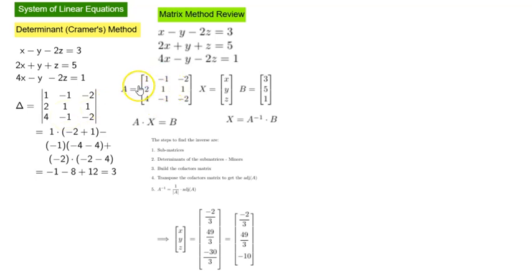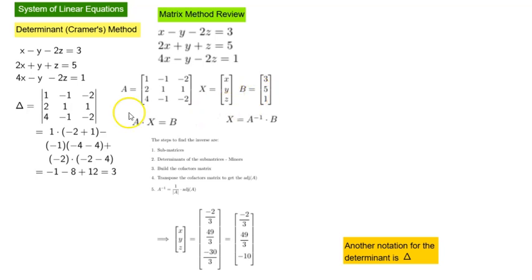So coefficient matrix is A. So determinant is 3. And by the way, this notation is also used for representing the determinant. So we have another notation for the determinant, that is delta.